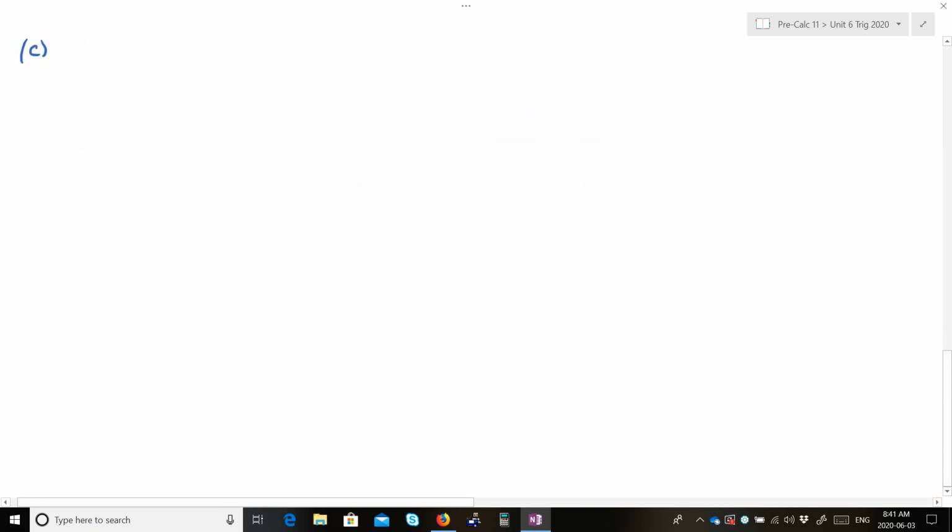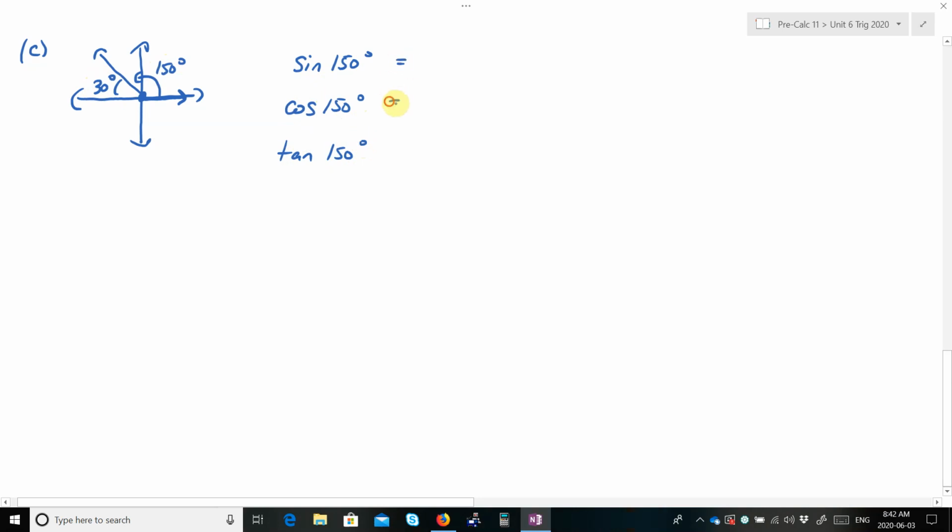All right, let's do part C. We have an angle of 150 degrees, which means the reference angle is 30 degrees. So if we wanted to figure out sine of 150 degrees, cos of 150 degrees, and tan of 150 degrees, which is what the question wants, this would equal sine of 30 degrees.